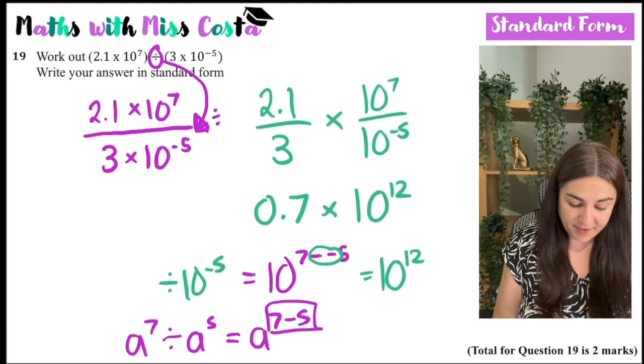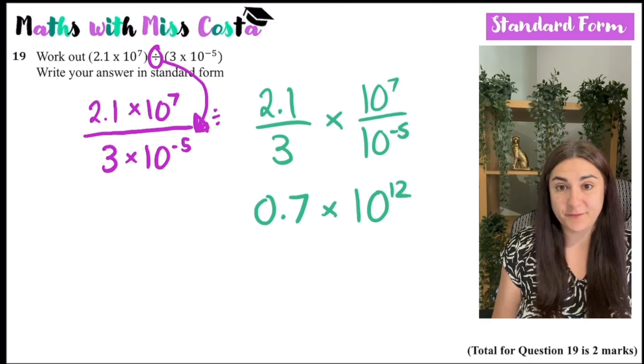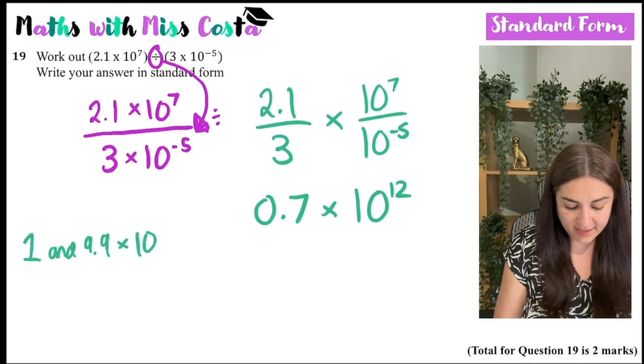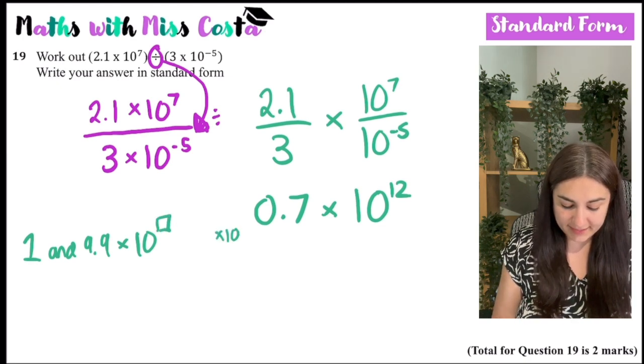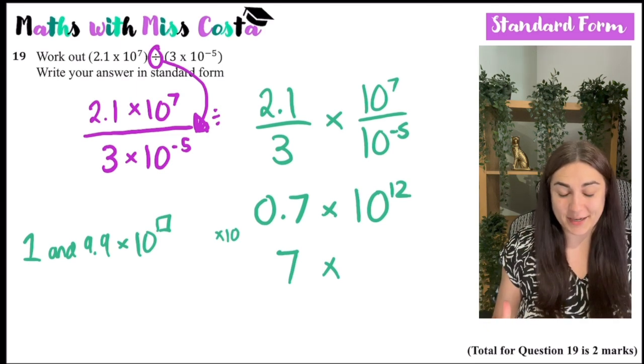I haven't finished yet though, because they have said, write your answer in standard form. So for it to be in standard form, it needs to be between 1 and 9.9 times 10 to the power of something. So I need to times this by 10. Okay, so I've multiplied 0.7 by 10 in order to turn it into an integer so it can be in standard form.